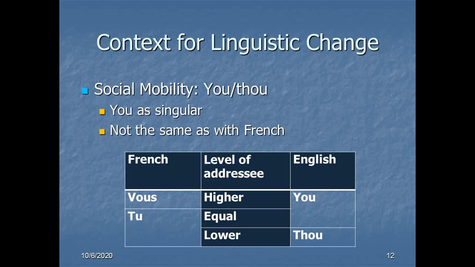Another factor I should probably address before moving on to specific linguistic developments is, and this is probably not going to surprise you, the increased social mobility of the later medieval period as opposed to the earlier medieval period.